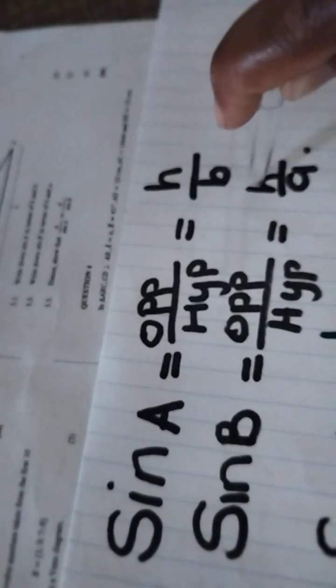So we make H the subject of the formula. You have sin A is equal to H over B. Making H the subject of the formula, multiply by B both sides. The B cancels, so B sin A is equal to H, which is your equation 1. Then equation 2: you have this ratio.